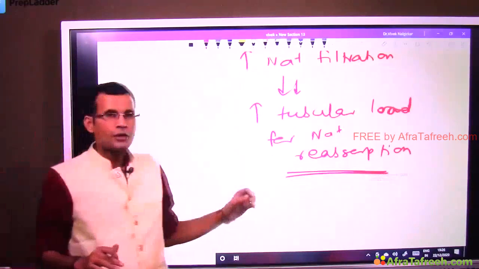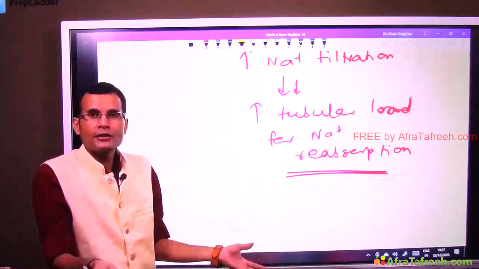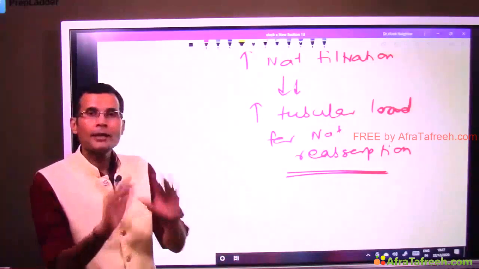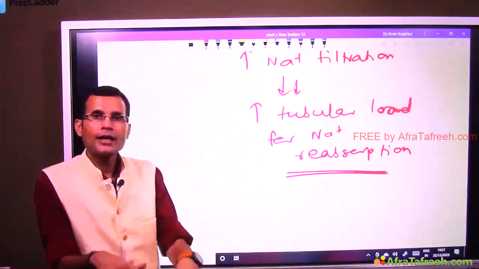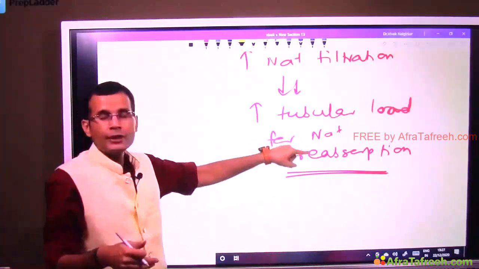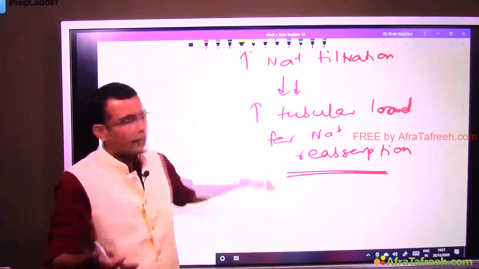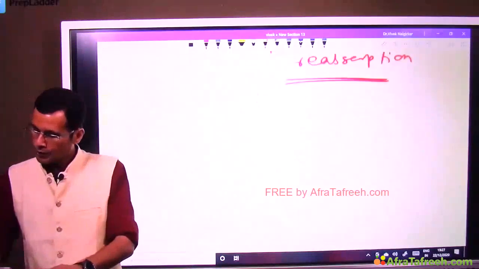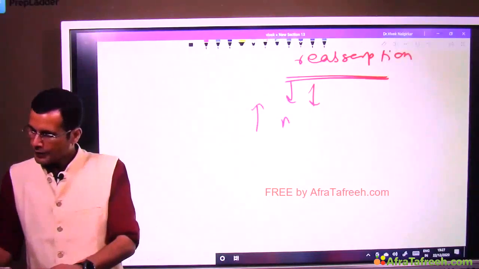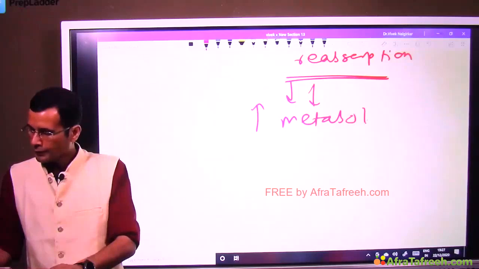And we have already seen some time back that the metabolic rate is directly linked to what? Directly linked to the rate of sodium reabsorption. So increased tubular load for sodium reabsorption means there will be increased metabolic rate.